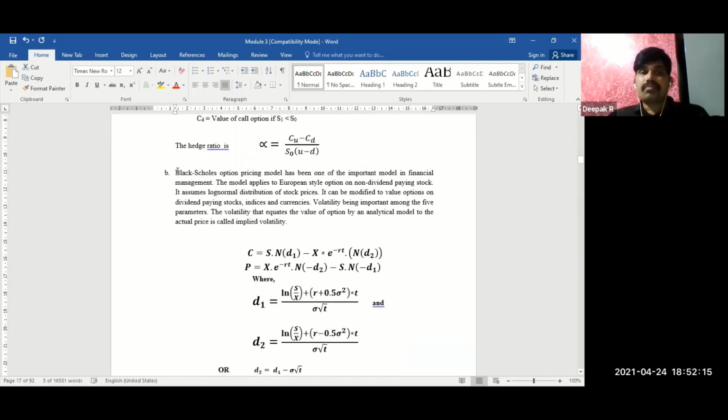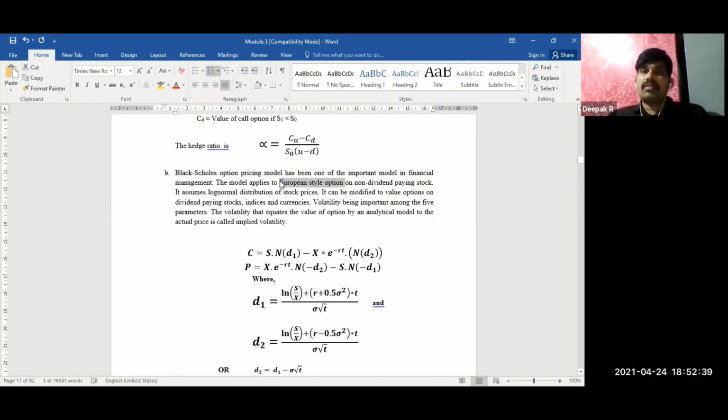So the most celebrated method which is always followed in finance, specifically on financial derivatives, when we have to decide upon the premium, is the Black-Scholes and Merton model, which applies to European style options. There are two kinds of options, American option as well as European option.